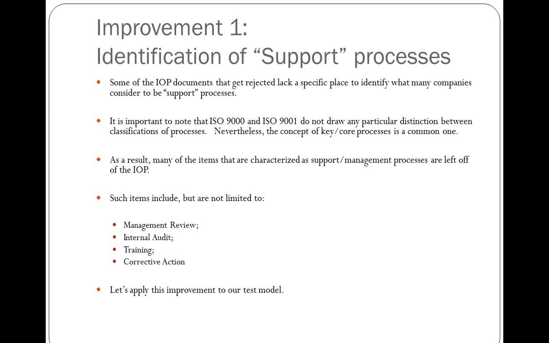Now, what do I mean by support processes? These are items that are not core activities. These are things that typically support the quality system at large. These might be things like management review, internal auditing, training, corrective action, monitoring of metrics, things of this nature.